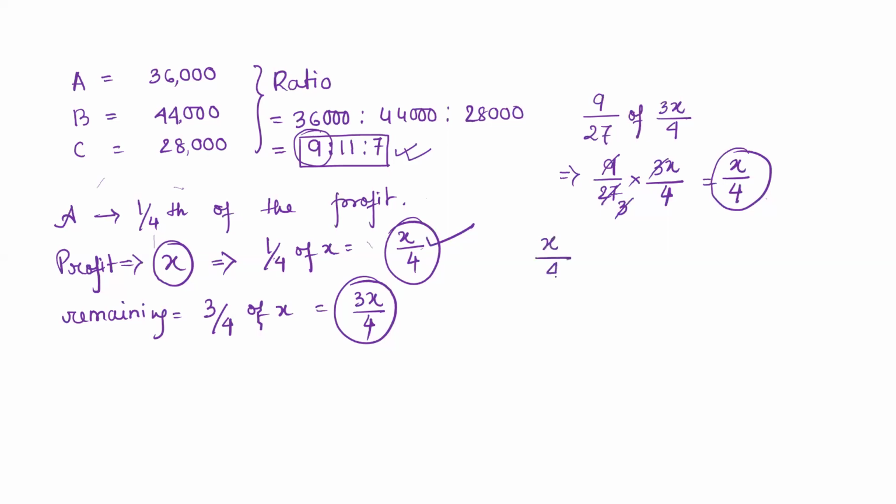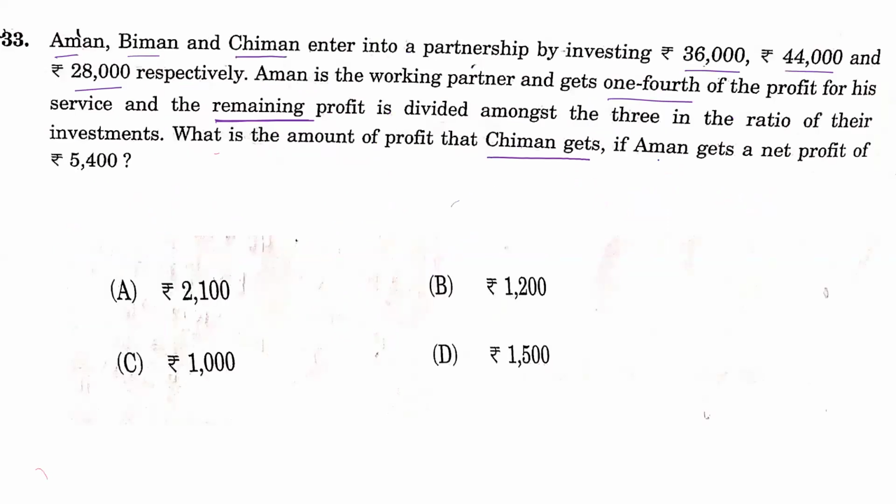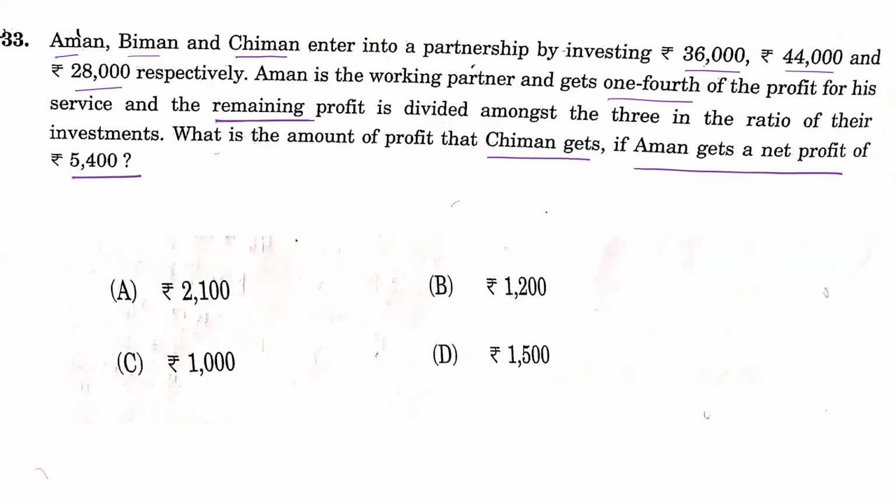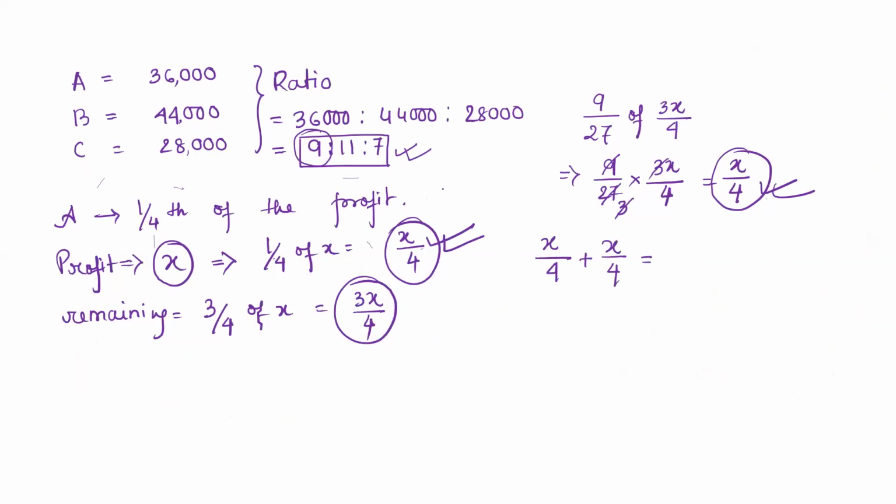together, according to the question, Aman gets the net profit of 5,400. So according to the question, this X by 4 and this X by 4 is equal to 5400.